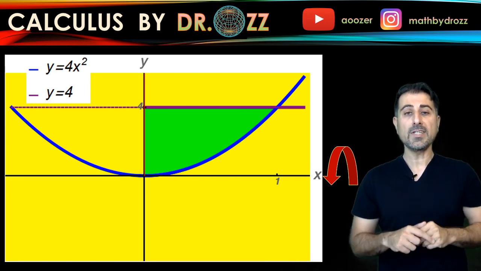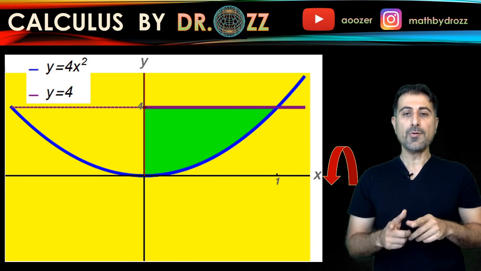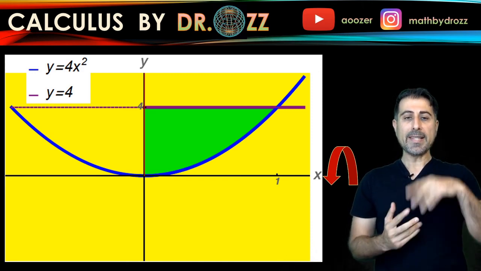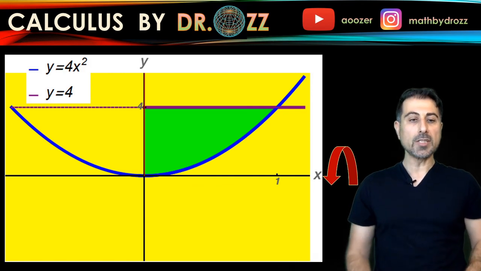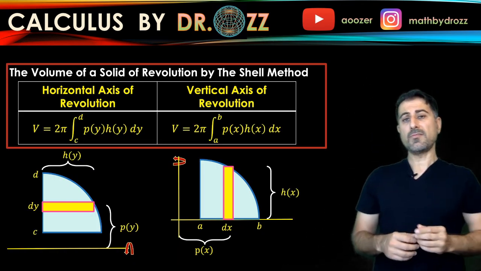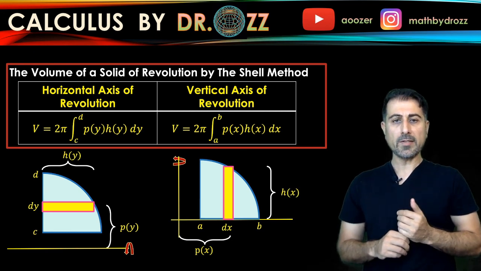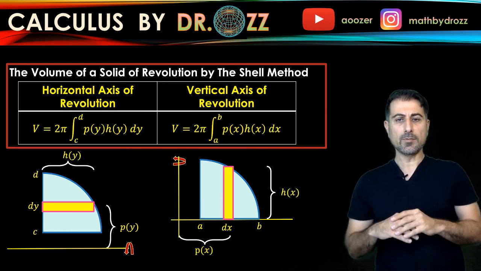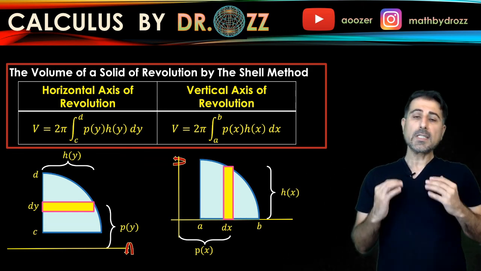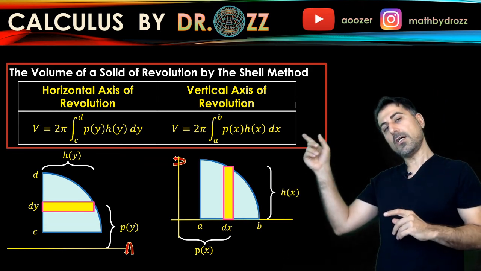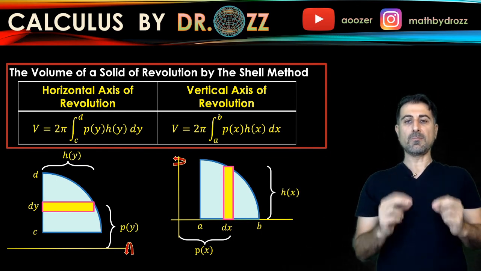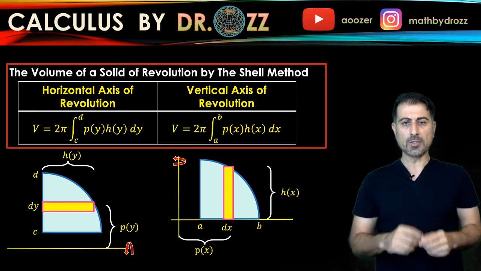But before we get started, let me remind you what the shell method is when the axis of revolution is horizontal. This is the big picture. We have the volume of a solid of revolution by the shell method, and depending on which axis you revolve about, you get two different formulas. We're particularly interested in the first column and the first picture on the left, because the axis of revolution is the x-axis, which is horizontal.